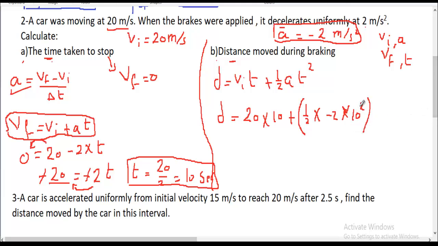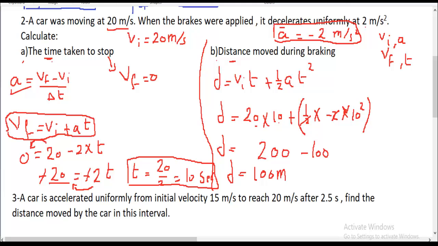Be careful, the power 2 here is for 10 only, not for the whole bracket. So half will be cancelled with 2, so we have -10 squared, which is -100. 20 times 10 is 200, so displacement is 200 minus 100 equals 100 meter.